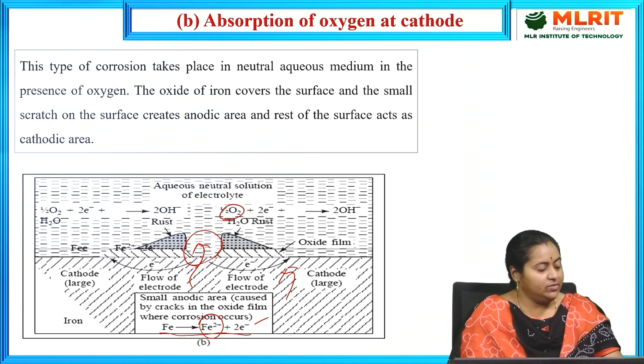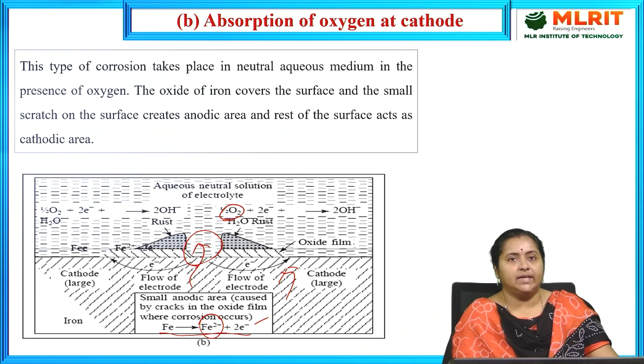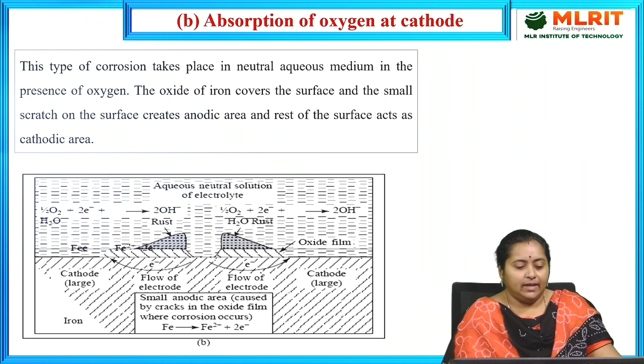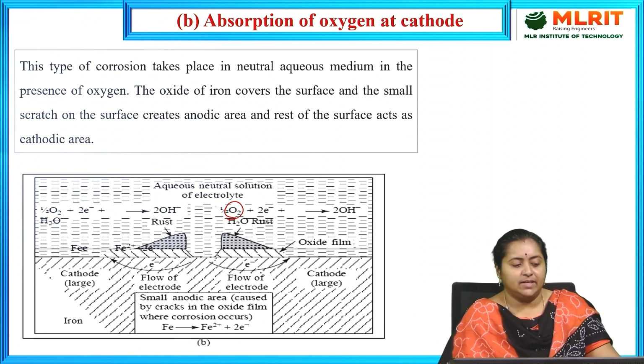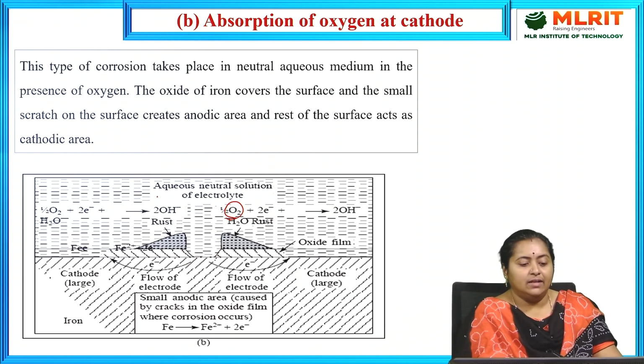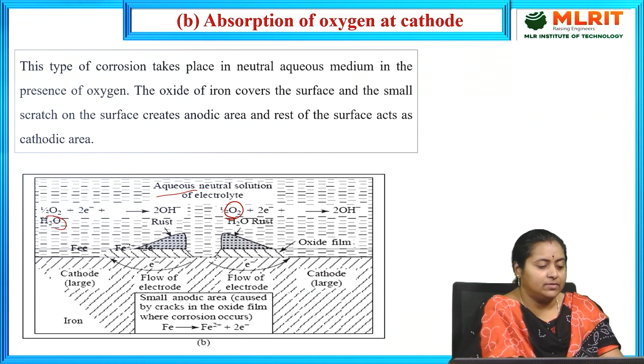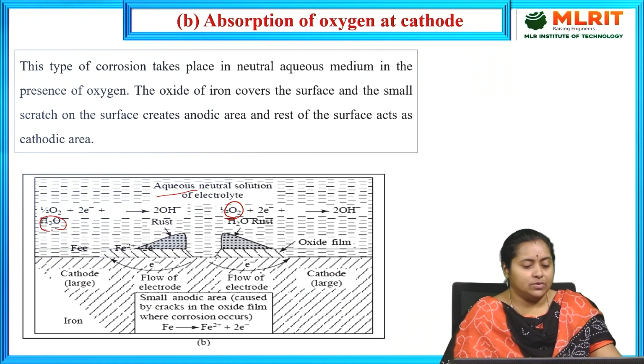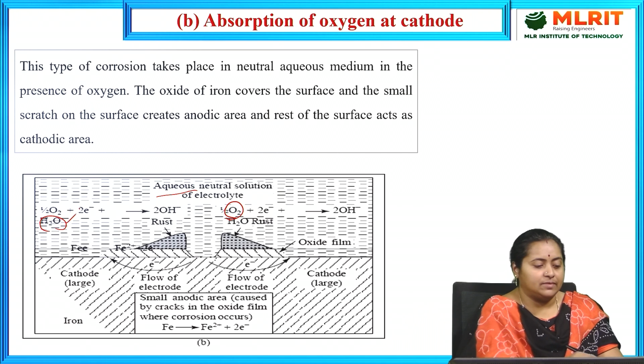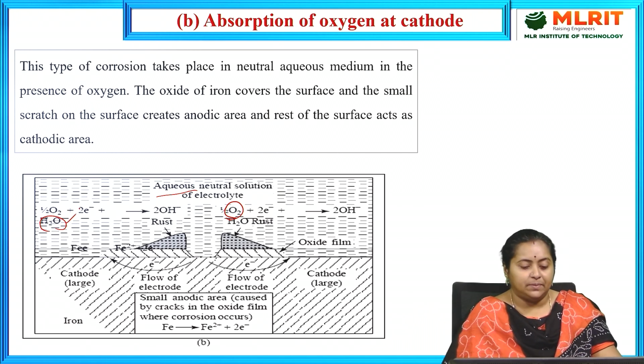Along this pore or crack, atmospheric oxygen is available along with the aqueous solution, which I mentioned as the electrolyte. That means it will have water molecules in solution. So oxygen combines with water molecules in the presence of electrons, that means involving in reduction.